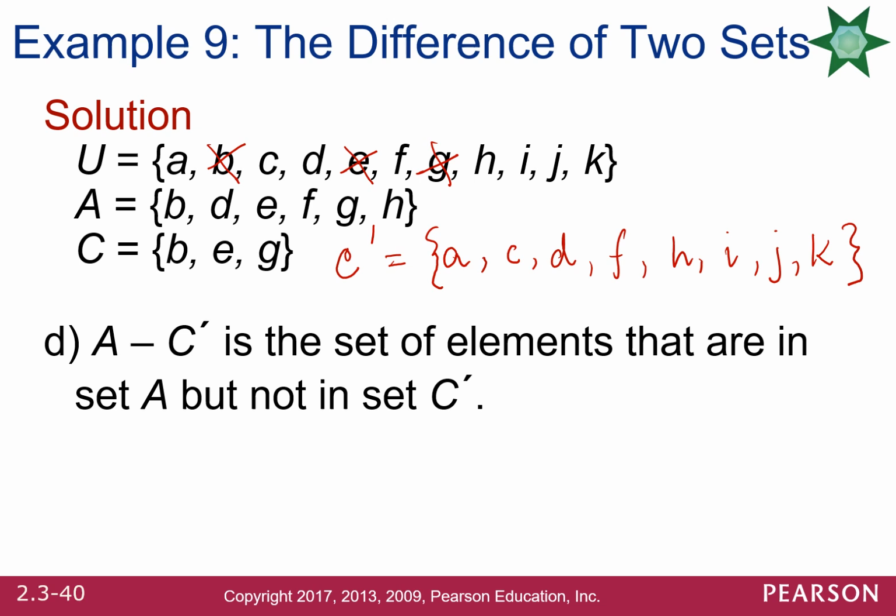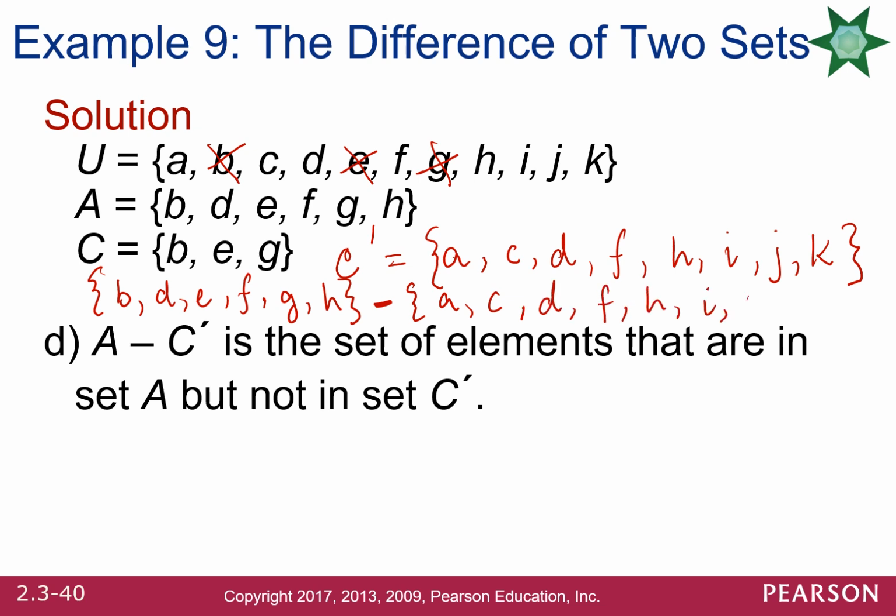We are subtracting from A, which is B, D, E, F, G, H. Let me write that here. B, D, E, F, G, H minus A, C, D, F, H, I, J, K.